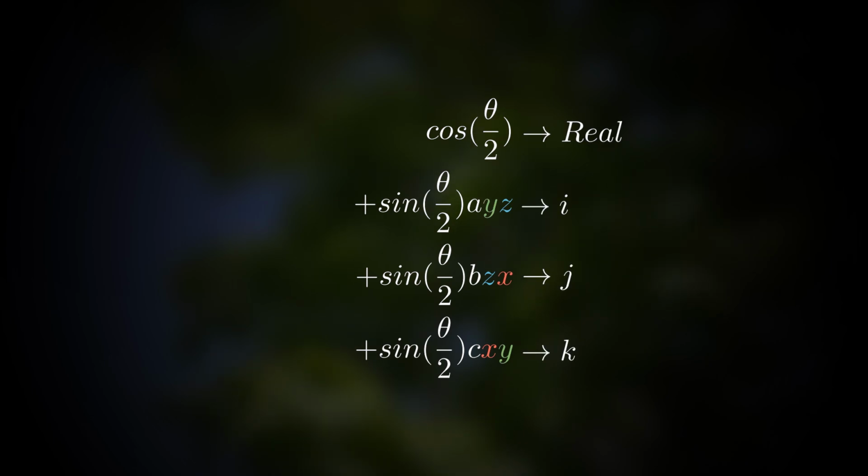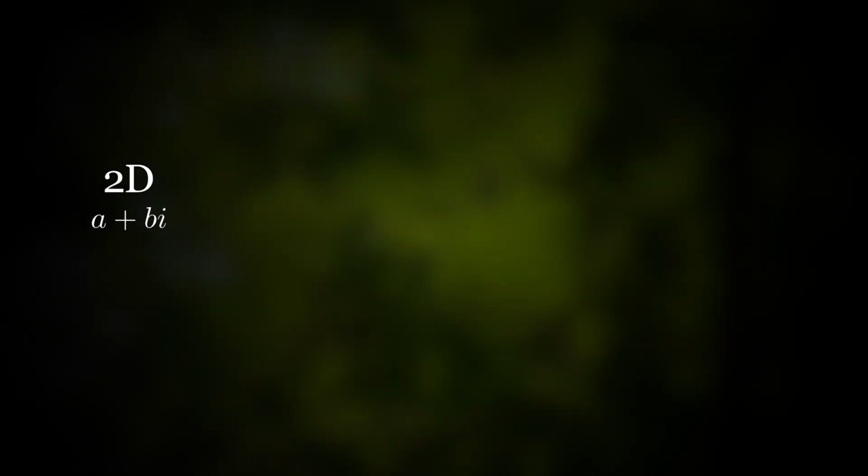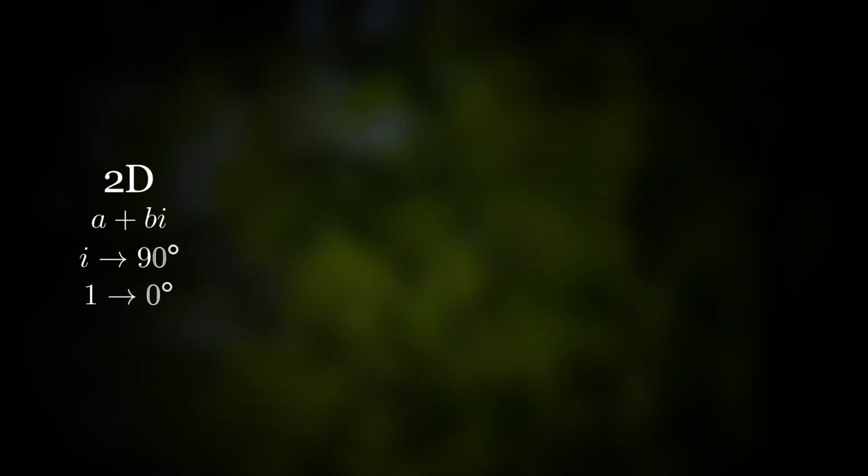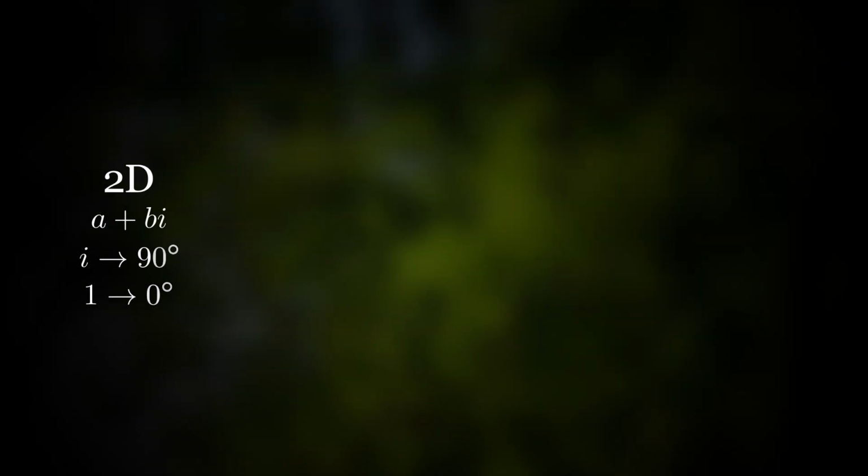All that said, I don't like quaternions at all. I believe the method we built makes way more sense than quaternions. Consider this. When doing 2D rotations with complex numbers, i rotates 90 degrees and 1 rotates 0 degrees. Our components aren't interchangeable or symmetric at all.